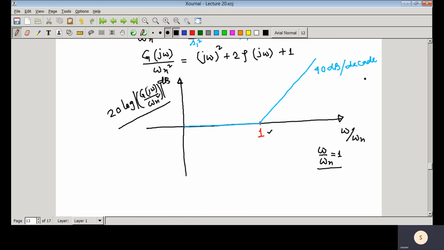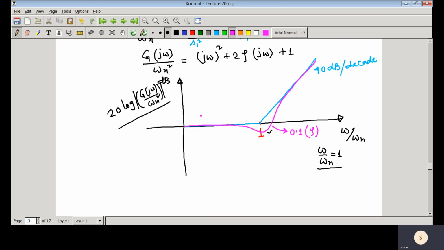And here, what would be the correction at this particular point? That means at corner frequency, we can see that whenever zeta is small, suppose this is 0.1, the correction would be like this.